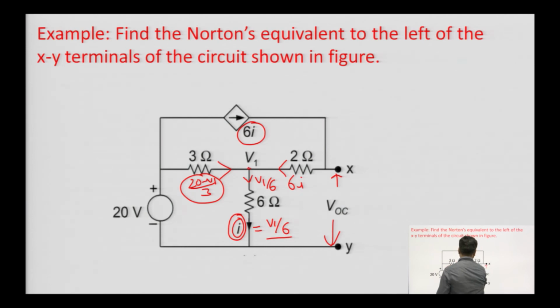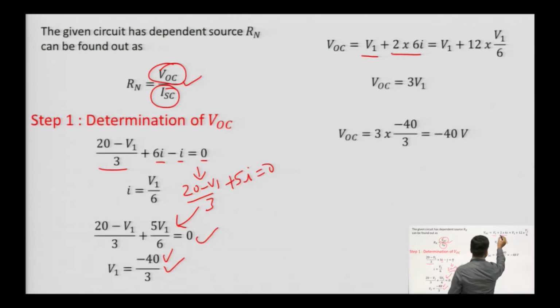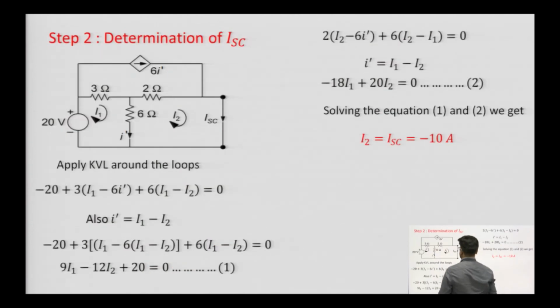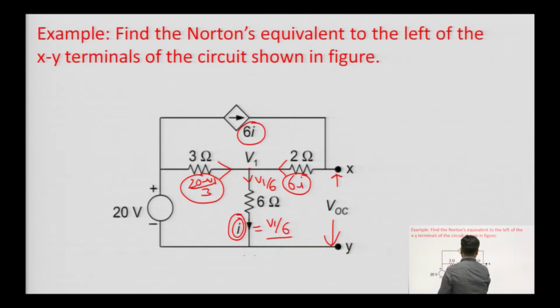It will be V1, and the current flowing in is 6I. So, Voc will be equal to 6I into 2 plus V1, where V1 is the voltage at this point.